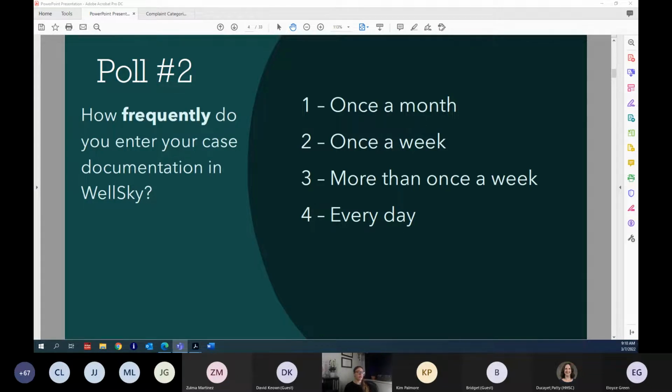And it may be that we've got some volunteers joining us, and that'll stay at a once a month frequency maximum. About 20% say once a week. The highest number is 32%, more than once a week. And every day, real rock stars, is about 18%. So thank you for answering that.